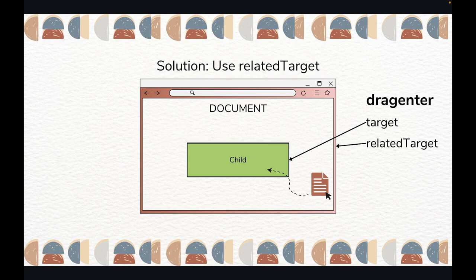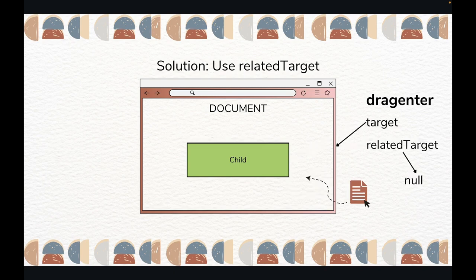And let's say if we are entering from outside the browser window, then in that case related target would be null because we have no idea and we can't get what was there outside the browser window. So that's always null, and which makes sense. Similarly, if we are leaving to somewhere outside the browser window, related target is null for drag leave event. So we can use this and make our solution perfect.